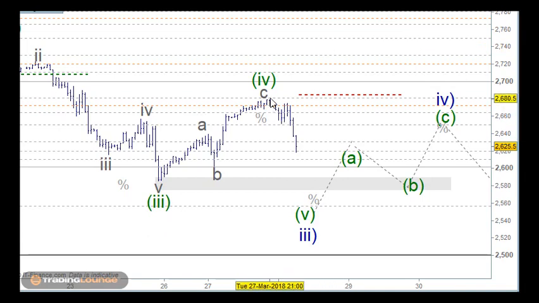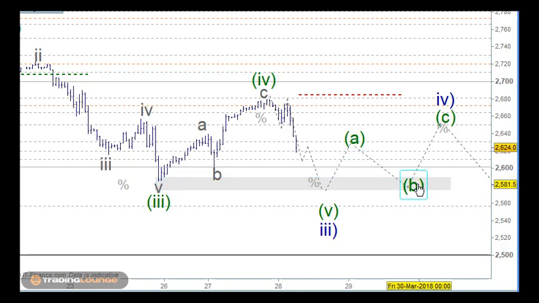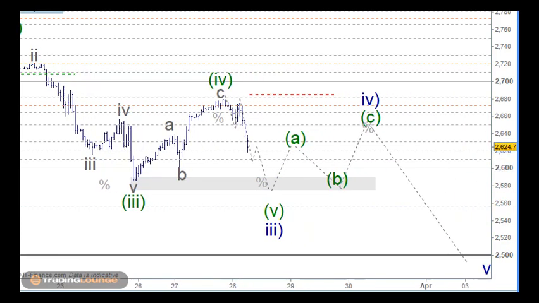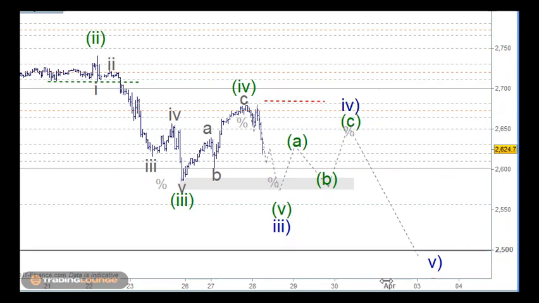I'll just draw it out roughly. We've got wave 1, wave 2, wave 3 will probably bring us down here somewhere. Wave 4 and wave 5 will bring us in here. So we'll keep this percentage in this space, even though we're expecting it to make a new low further down through here. And then we've got this wave 4 and this wave 5 to go as well.